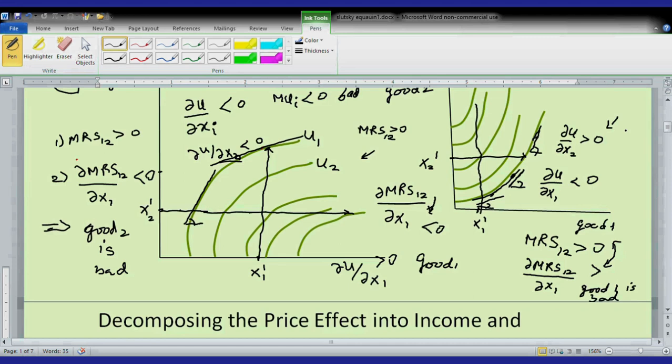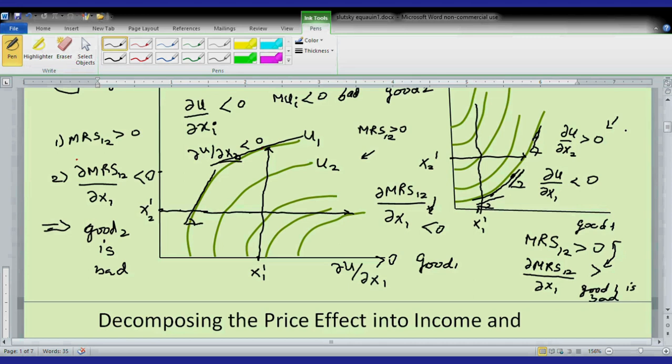The easiest way to do this is to compensate the household for the loss in purchasing power when the price of a good increases in a ceteris paribus way, and look into what happens to the consumption basket in question. If the loss in purchasing power is fully compensated for, then any change in consumption that occurs will be totally because of the changes in the relative prices, that is, because of the substitution effect.